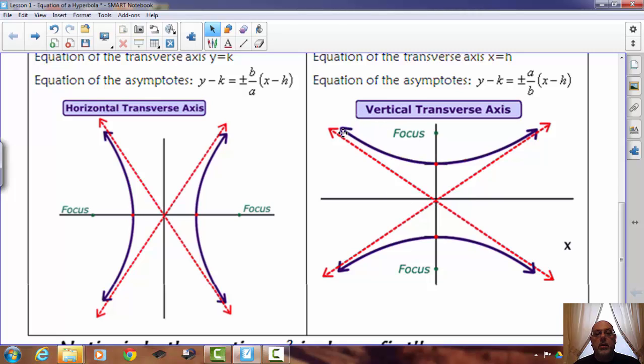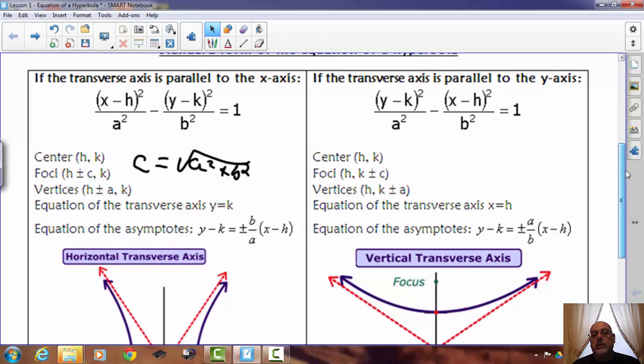The curve of the hyperbola will approach the asymptote line, but never touch, because that's the definition of an asymptote. So over here, the blue lines will approach the red dotted lines, but they'll never touch. And this is point slope form for the equation of the line.